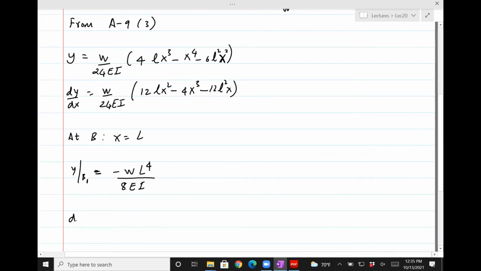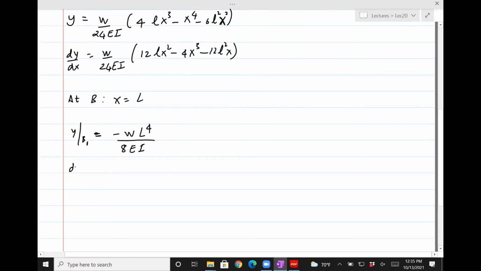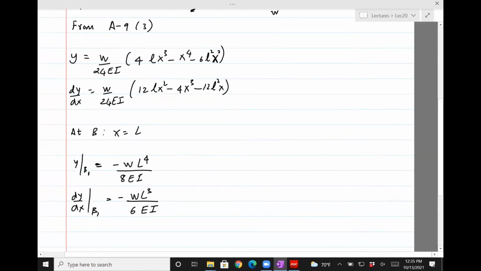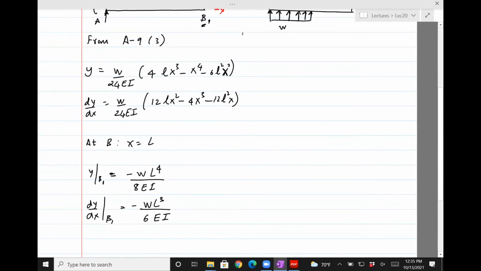And then the slope, again, if you put x equals L in the second expression, you get minus W L cube divided by 6 EI. Okay, so that was fairly easy.